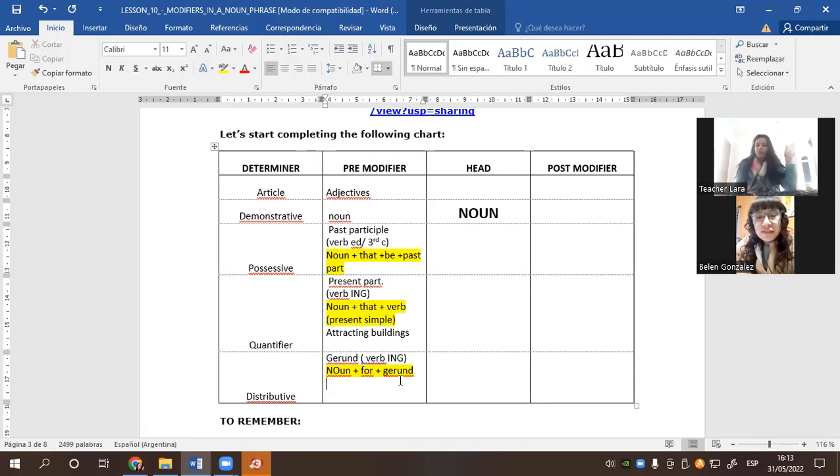Los premodifiers son todos adjetivos, están describiendo el sustantivo. Pero si tuviéramos que hilar un poco más fino, podríamos decir que un presente participio tiene más forma o categoría de verbo, ¿sí? Y los gerunds son más nouns, ¿sí?